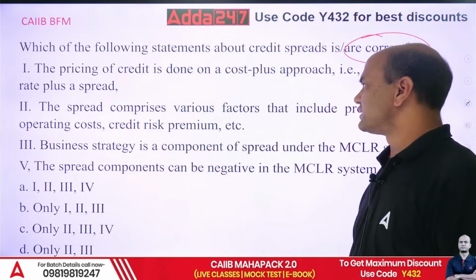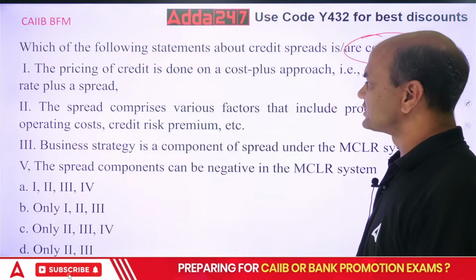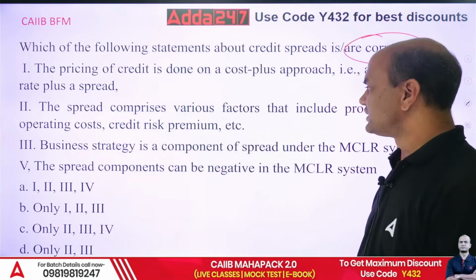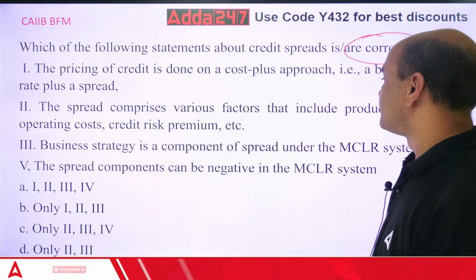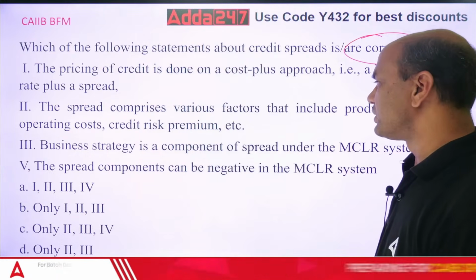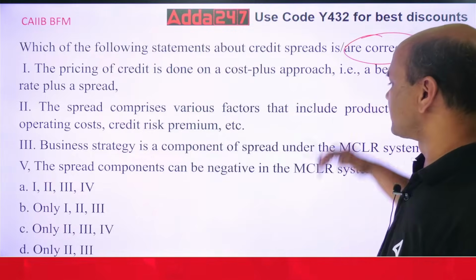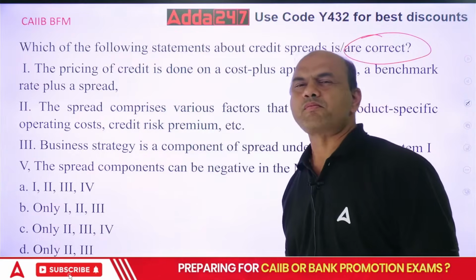The spread comprises various factors that include product specific operating costs, credit risk premium, etc. Business strategy is a component of spread under MCLR system. And the last one, the spread components can be negative in MCLR. So which ones are correct?